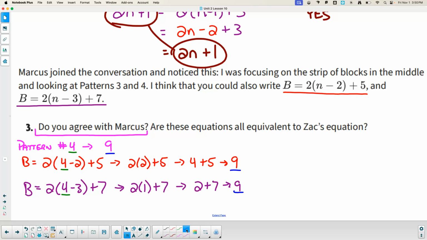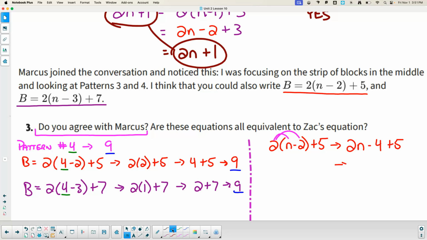We can show that all of those are equivalent by just simplifying. So if I take this red one, 2 times n minus 2 plus 5, and I simplify it, again, by distributing the 2 into both of those, that's going to give me 2n minus 4, then plus 5, and negative 4 plus 5 is positive 1.